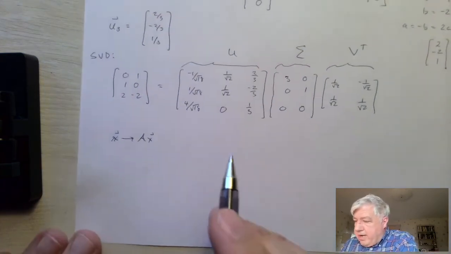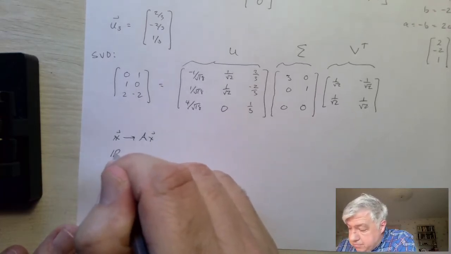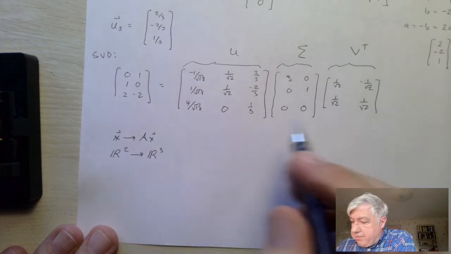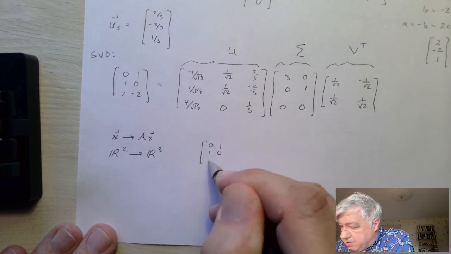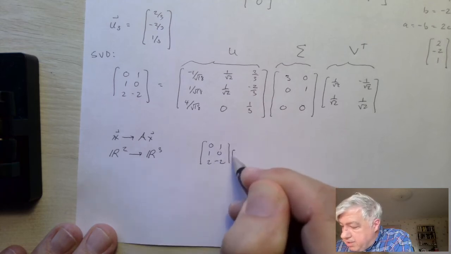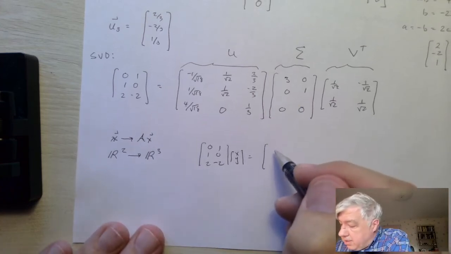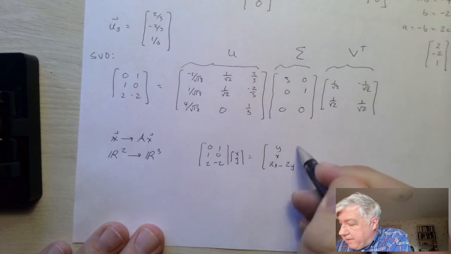Here we are talking about a map that goes from R2 to R3. In particular, what happens is we have 0, 1, 1, 0, 2, negative 2 times x, y. This is equal to y, x, and 2x minus 2y.